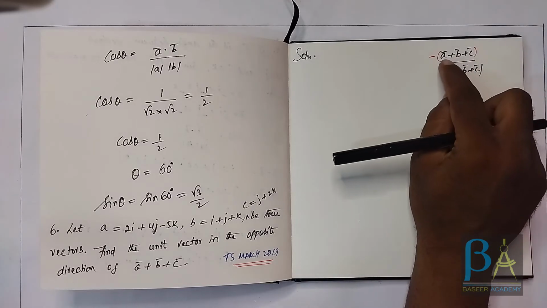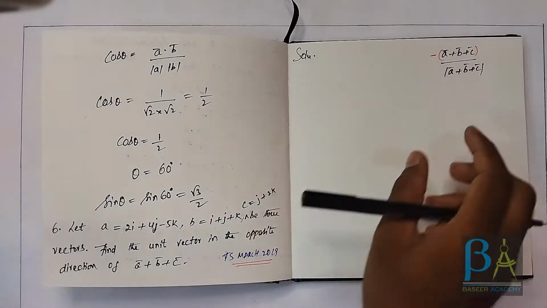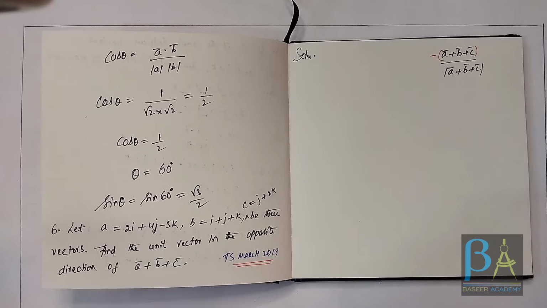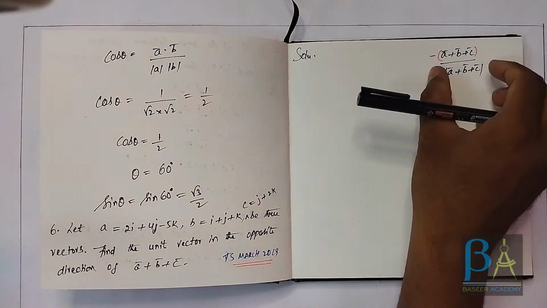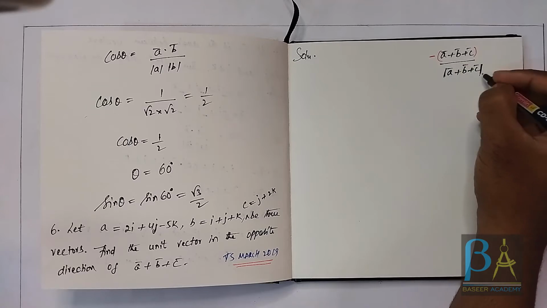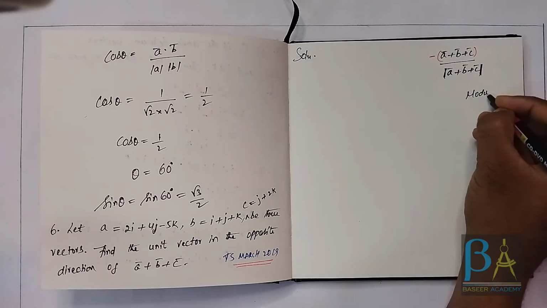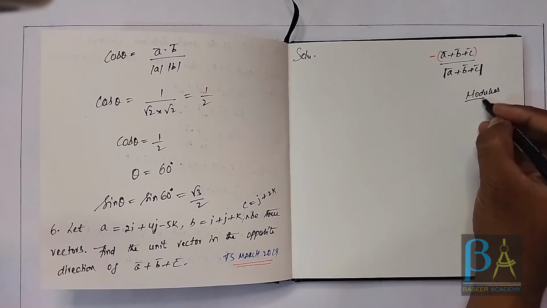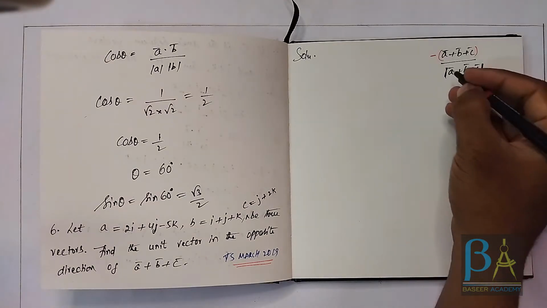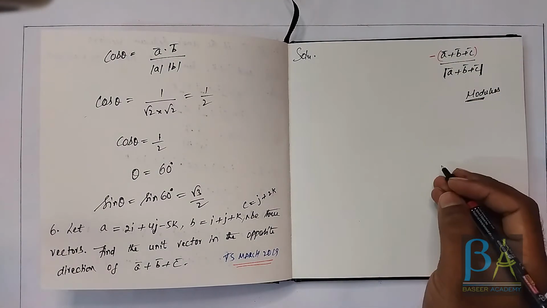I'm going to find the sum of these three vectors, vector A, vector B and vector C, and then we will find the magnitude of A plus B plus C, the modulus of A plus B plus C, or just the mod of A plus B plus C. You can call it the magnitude or modulus, M-O-D-U-L-U-S, or just mod of A plus B plus C. I pretty much have the habit of reading it as mod of A plus B plus C.